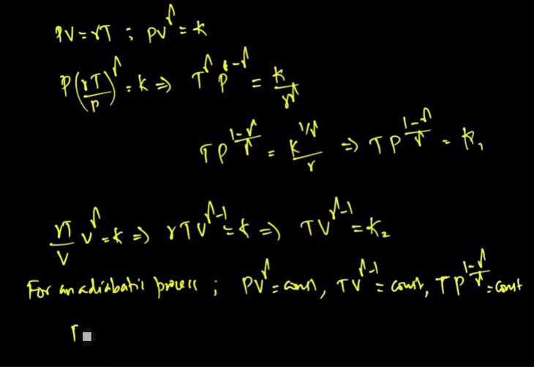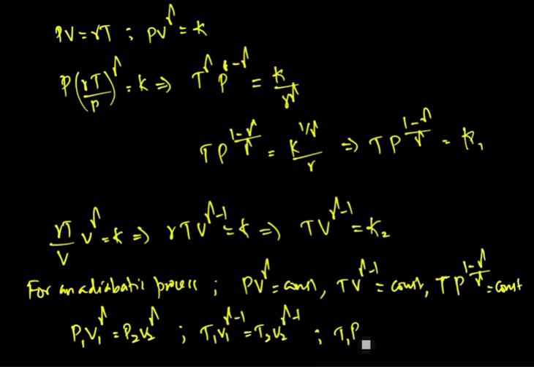Or it can also be written in this way: P1 V1 raised to gamma is equal to P2 V2 raised to gamma, or T1 V1 raised to gamma minus 1 is equal to T2 V2 raised to gamma minus 1, or we can write T1 P1 raised to (1 minus gamma) all divided by gamma is equal to T2 P2 raised to (1 minus gamma) all divided by gamma.